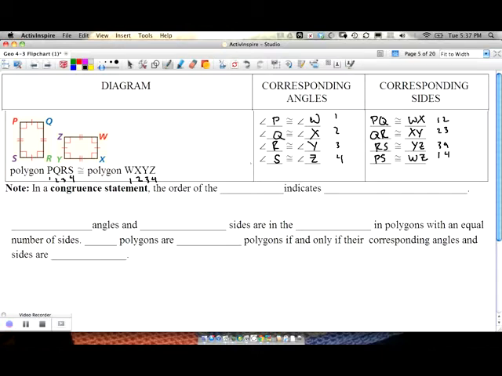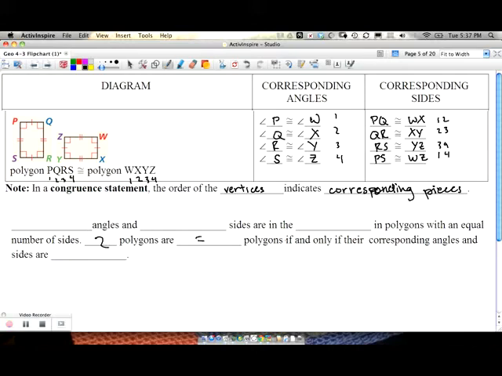Excellent. In a congruent statement, the order of the angles or vertices indicates correspondence, or corresponding pieces. So we saw this earlier.